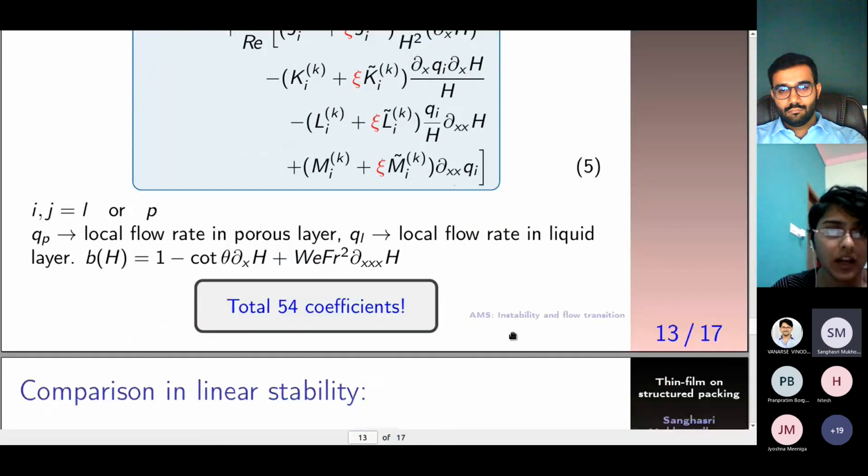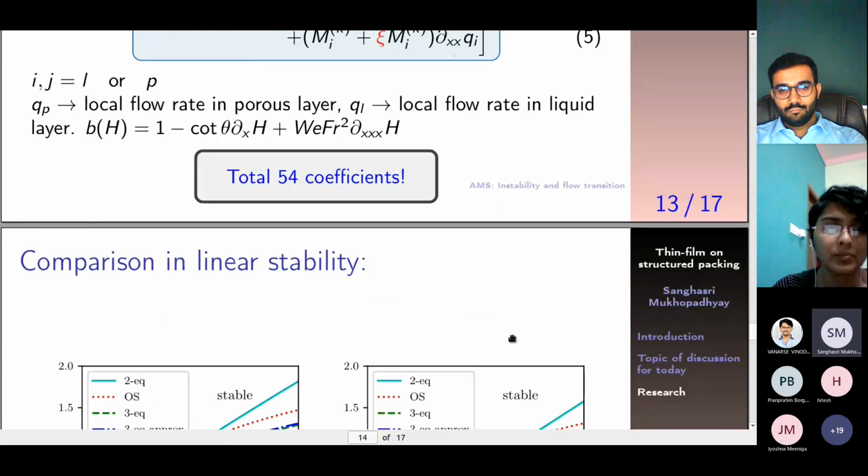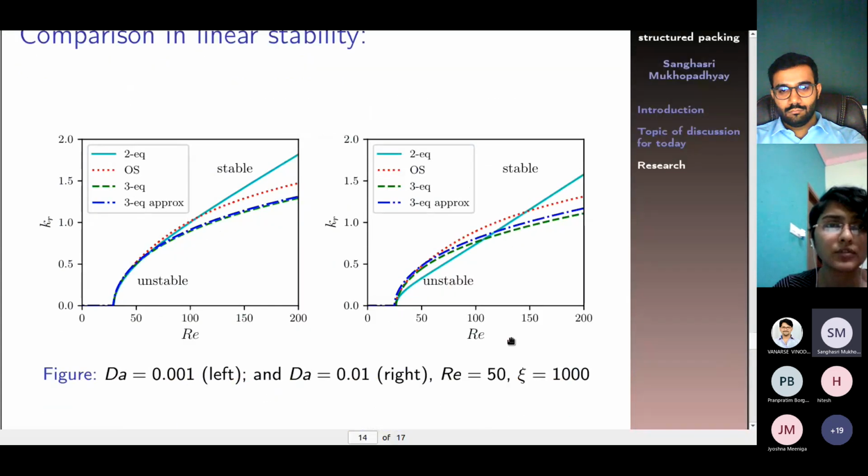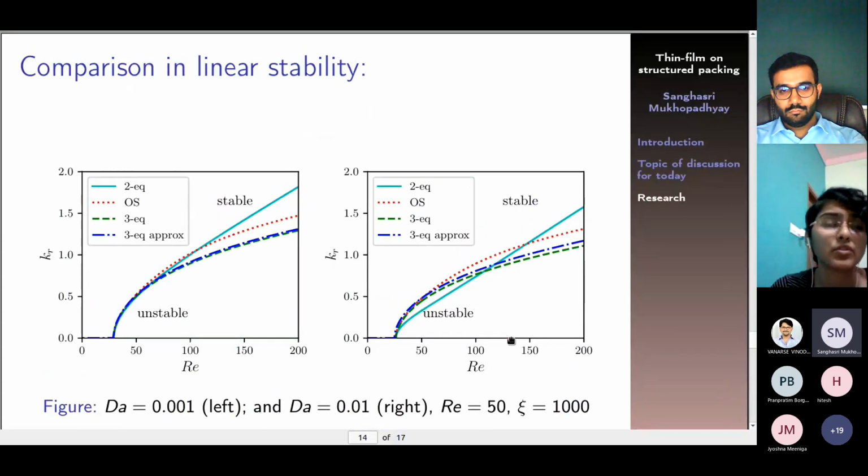So after getting the model itself, we compared the results from the linear stability analysis by Orr-Sommerfeld, directly from the Navier-Stokes equation itself, and from the model itself. The two-equation model is the one that considers the same flow rate in the liquid and the porous medium, which previous researchers have done.